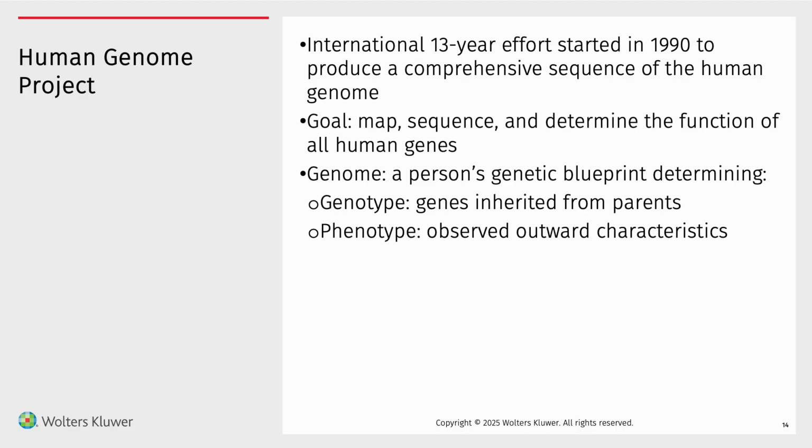For example, eye color, blood type, or presence of a genetic disorder. I want to emphasize that two individuals can have the same genotype but different phenotypes due to environmental influences or gene regulation.